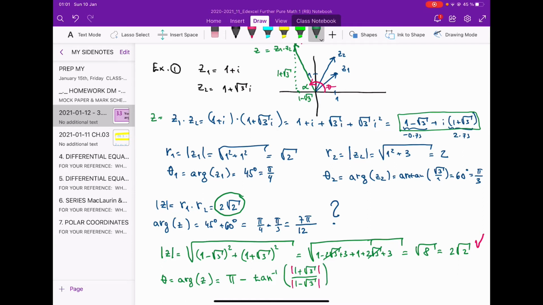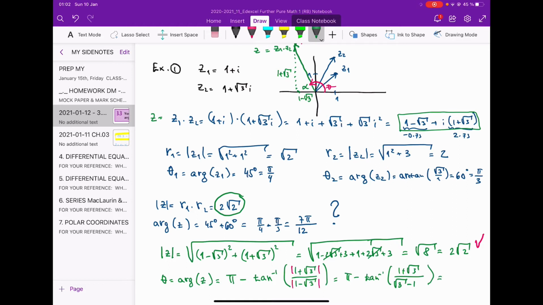Because this is negative 0.73, if you put it in the absolute value, it would actually be pi minus arctangent of (1 plus root of 3) over (root of 3 minus 1), because that's the absolute value of it.